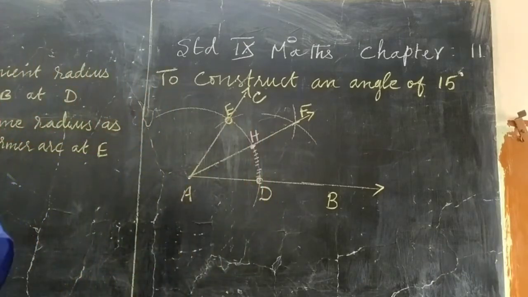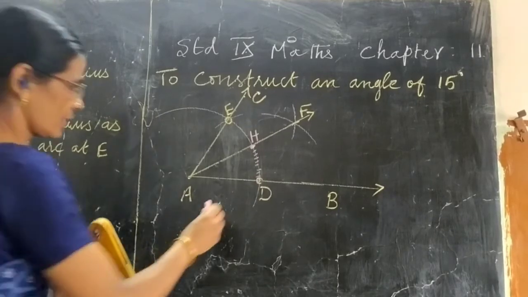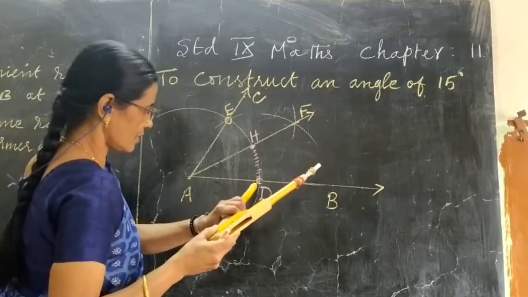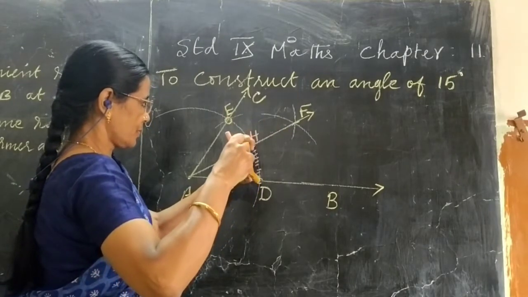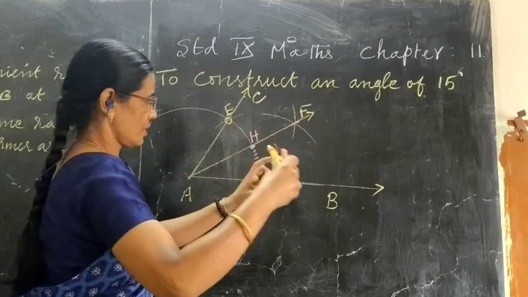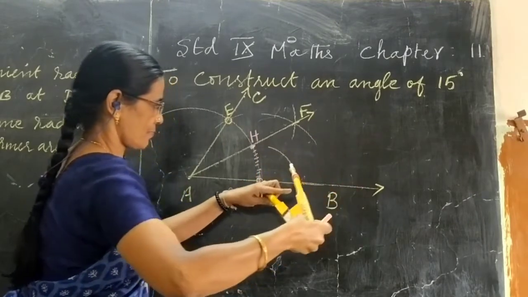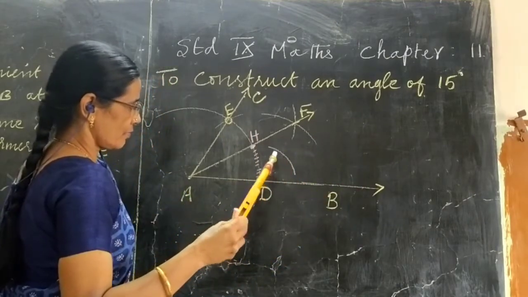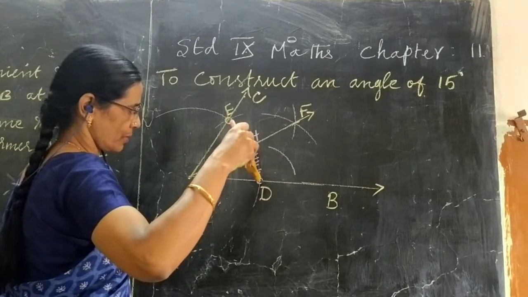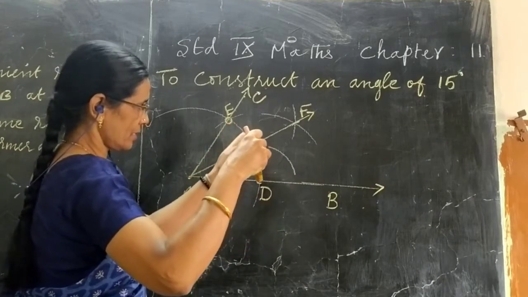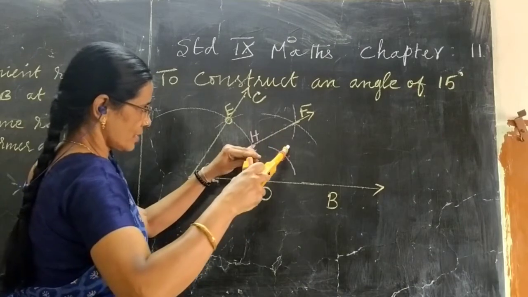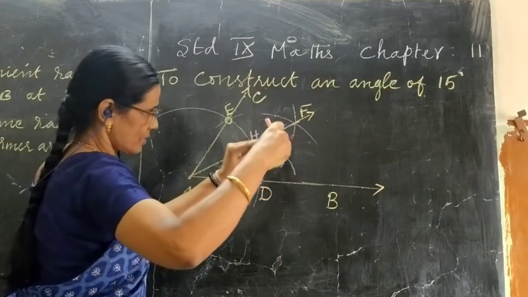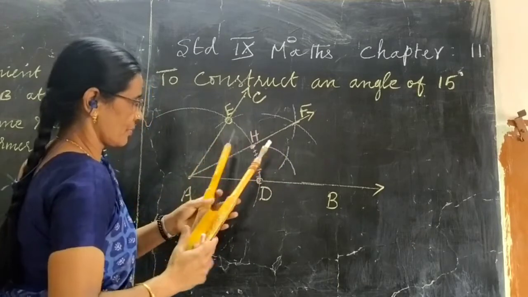Now look at the centers we are going to choose. D center, radius more than half of DH, and arc is drawn. We are bisecting this portion, remember. So centers are D and H. Now H center with the same radius, another arc is drawn to intersect.